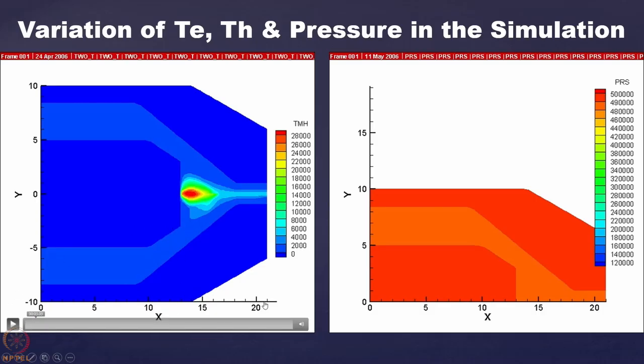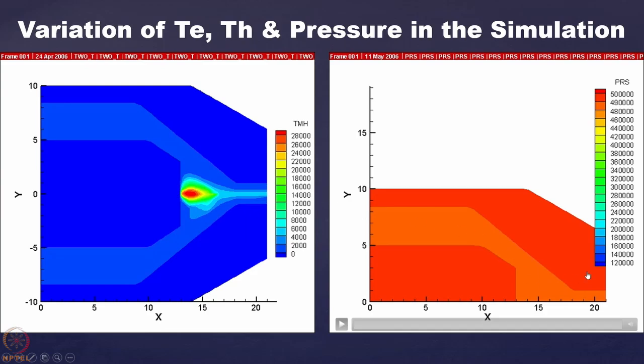Now, for better apprehension of the results, I will show you together how the temperature and the pressure vary as the simulation proceeds, as you switch from some gas distribution to your equilibrium property, the effect on the plasma temperature and pressure, and then what changes happen simultaneously in both when you switch from equilibrium properties to non-equilibrium properties.